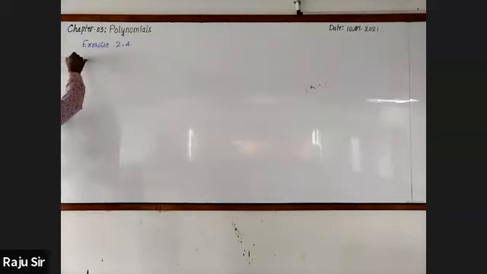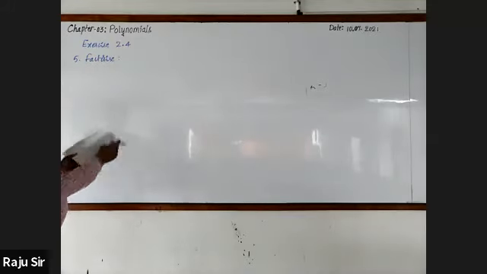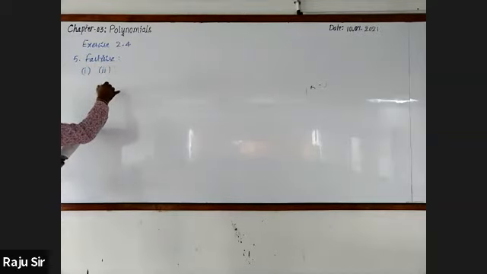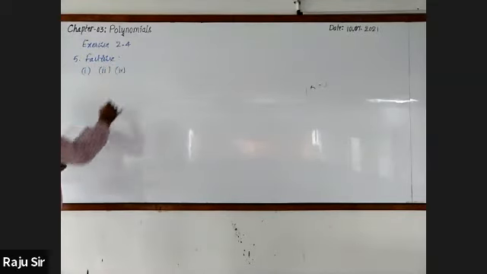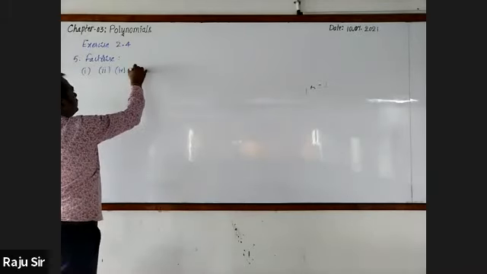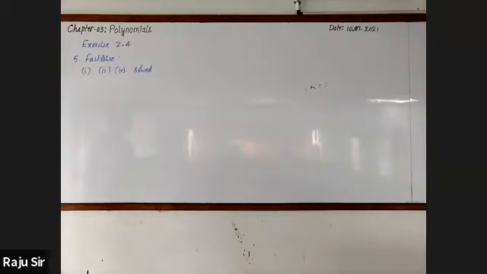Fifth main. Factorize. Here, first one is over, second one is over, and fourth one is over. They are solved.